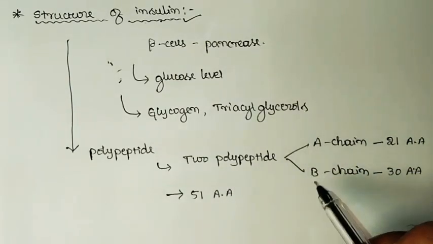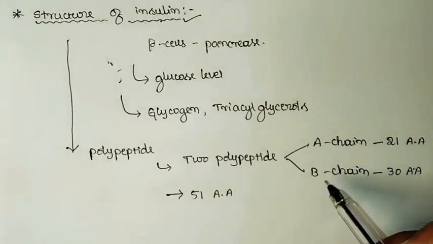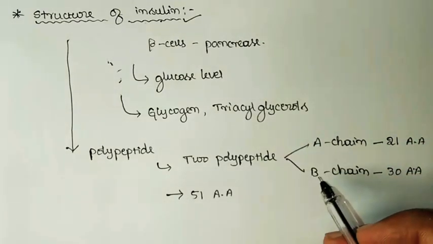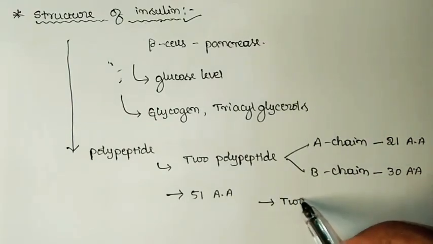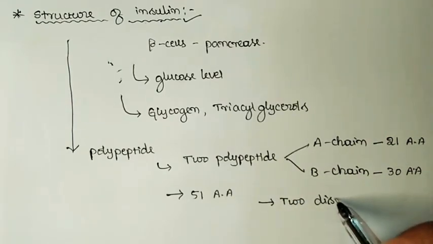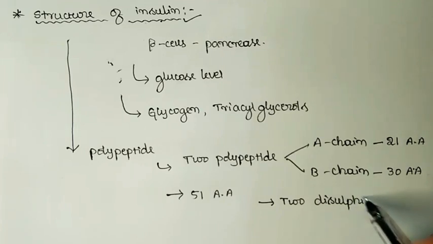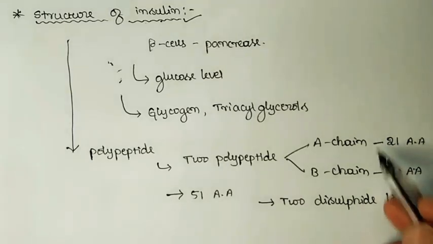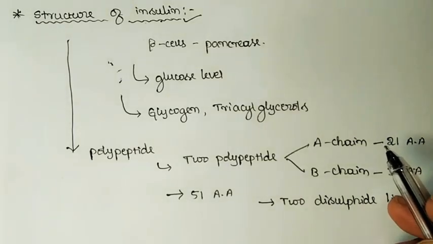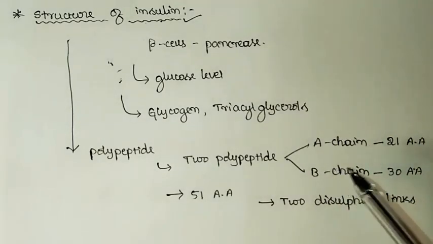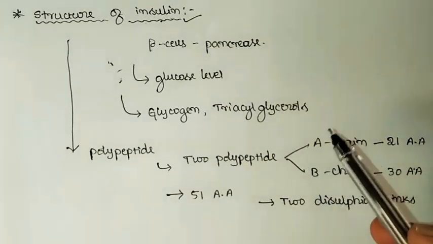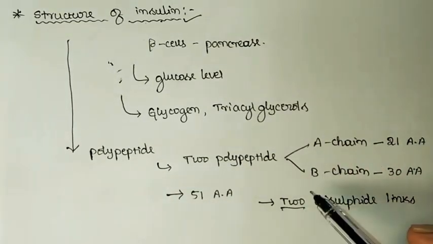And the two polypeptide chains, that is A chain and B chain of insulin, are joined together through two disulfide linkages. But if anybody asks you how many disulfide links are present in insulin, the answer is not 2, it is 3.